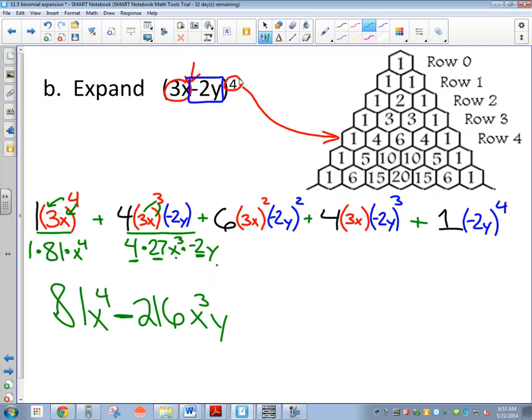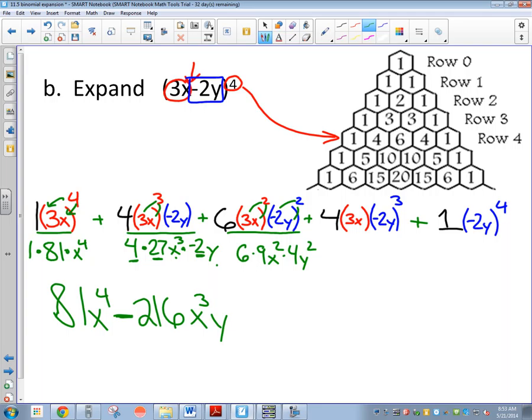And the third part. I've got 6. I've got 3 squared, so 9, x squared. Negative 2 squared. When I take negative 2 and I square it, positive or negative 4? Positive 4. Be careful there. So it's a positive 4 and y squared.